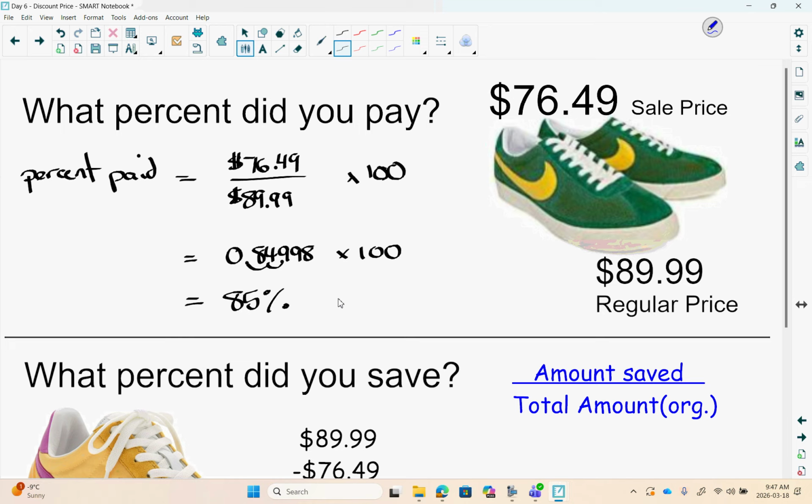Now the bottom question wants me to figure out the percent saved. You should be able to do that right now. If you're paying 85%, what are you saving? 15%. How'd you get that? 100% minus 85% is 15%. Okay.